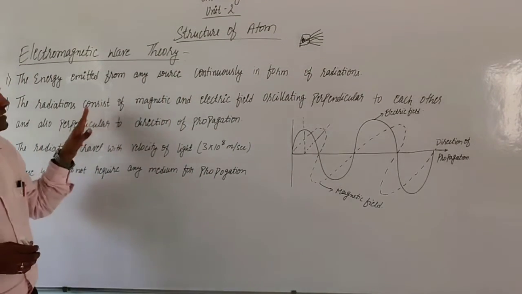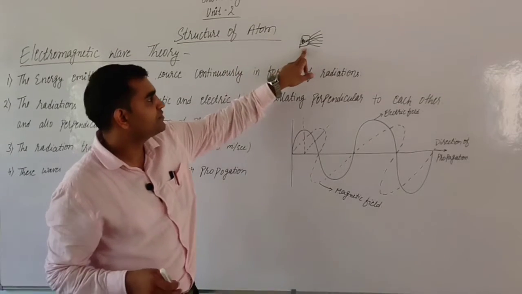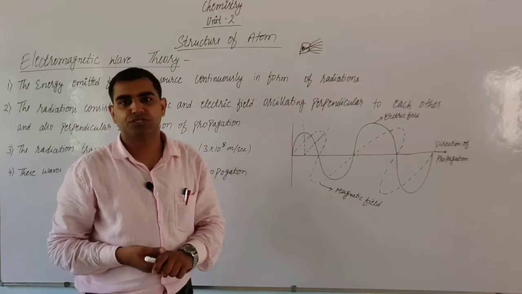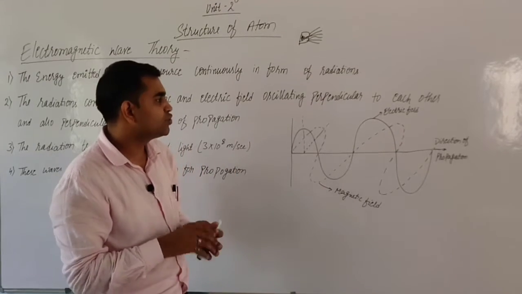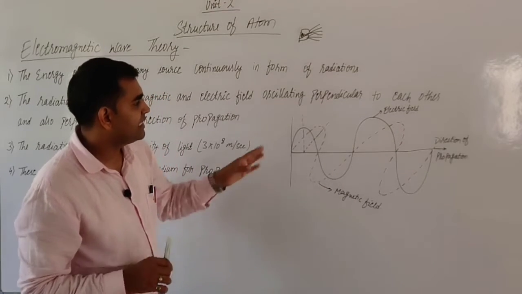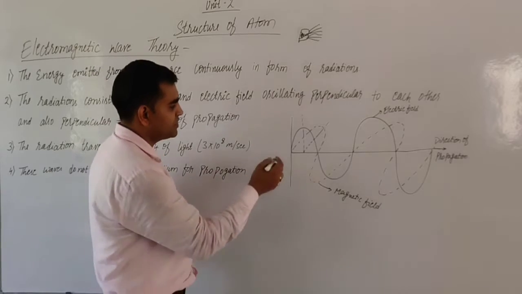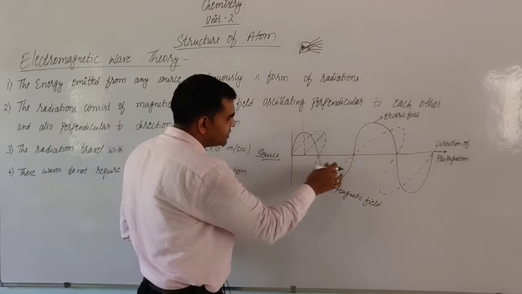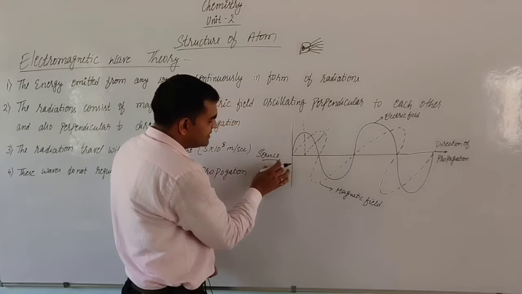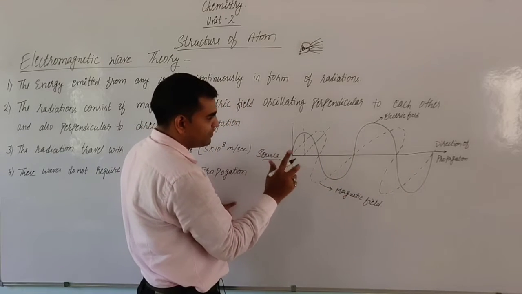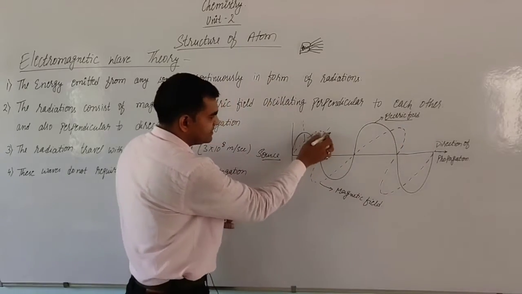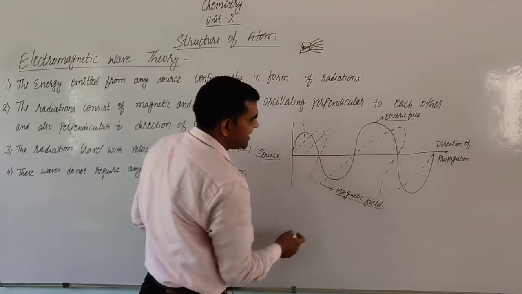The second point is that these radiations which come out from the source consist of two types of field, electric field and magnetic field, which are perpendicular to each other. One is this, the electric field, and the second, in the dotted form, is the magnetic field.